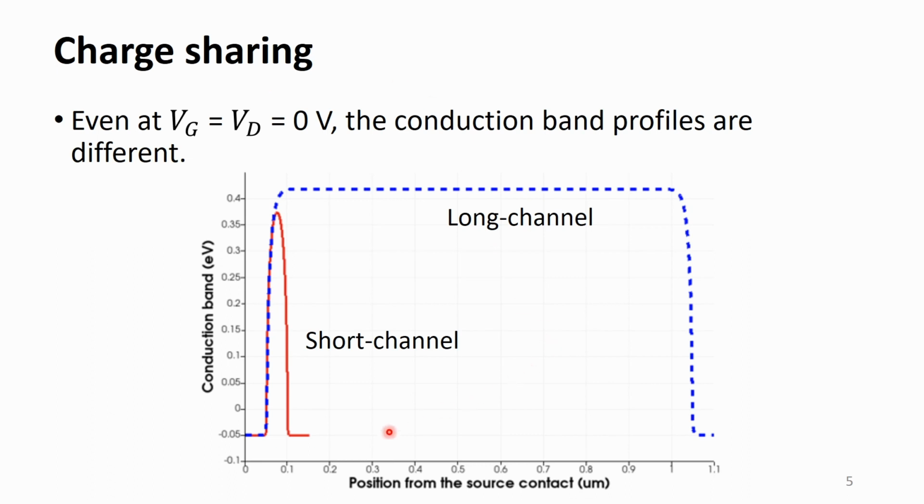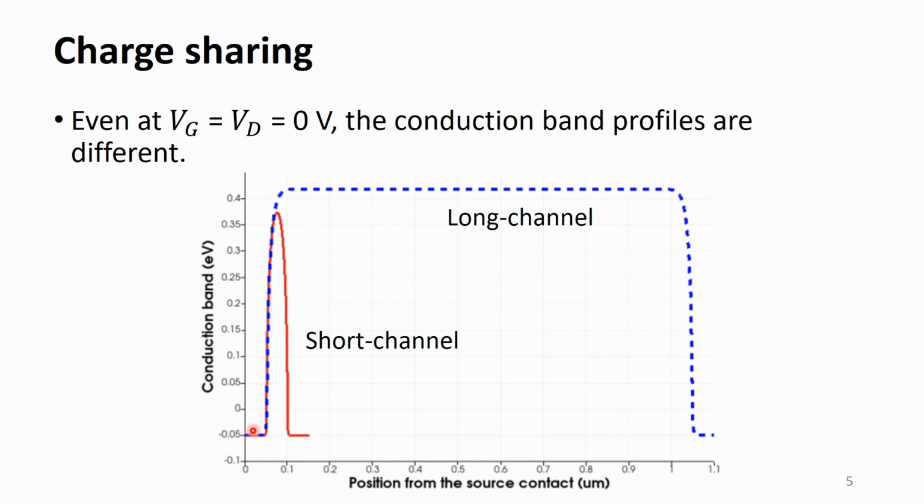This figure shows the conduction band profile at the interface. When the conduction band energy is determined by the gate terminal, this long channel value will be the peak conduction band energy. However, in the case of short channel devices, the channel is within a range affected by the source and drain terminals.